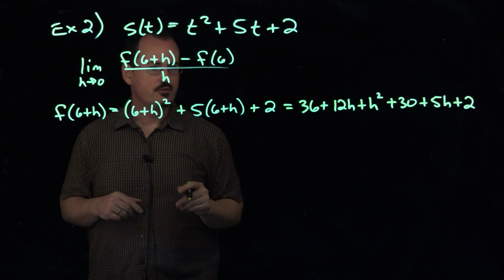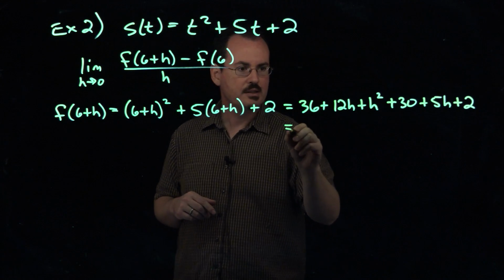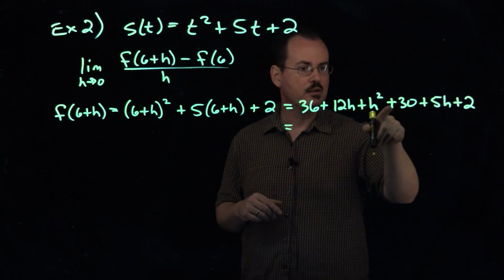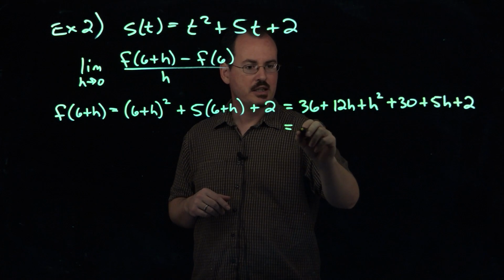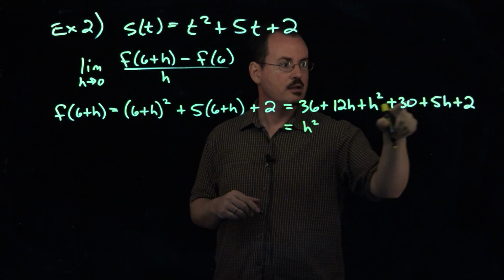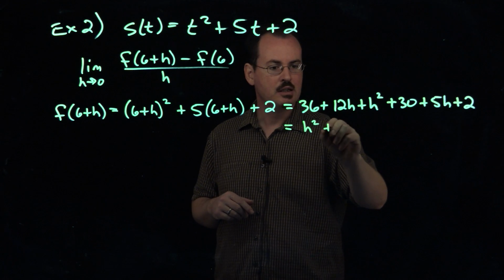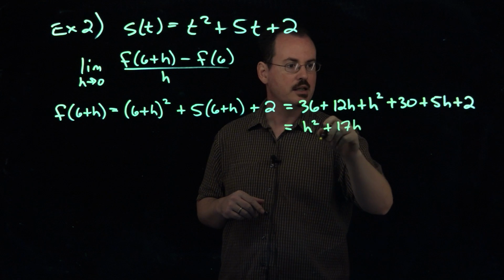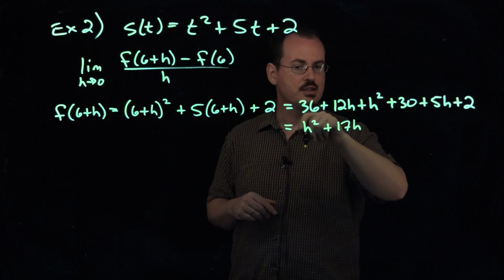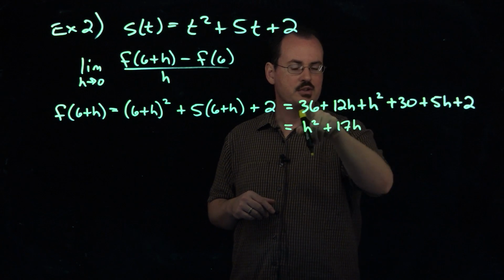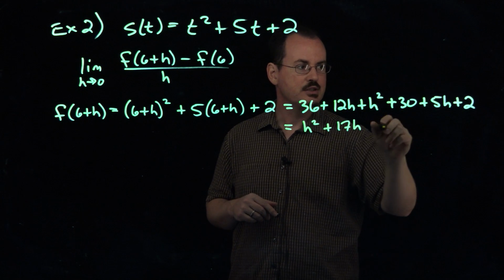Let's go ahead and simplify that a little bit. If we combine our like terms, 12h plus 5h is 18h. Let's put the h squared first, so we'll get h squared, 17h, and then 30 plus 36 is 66, plus 2 is 68.